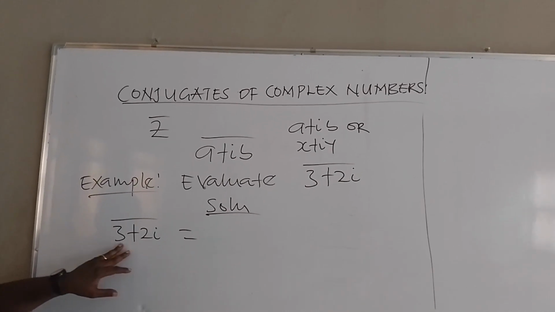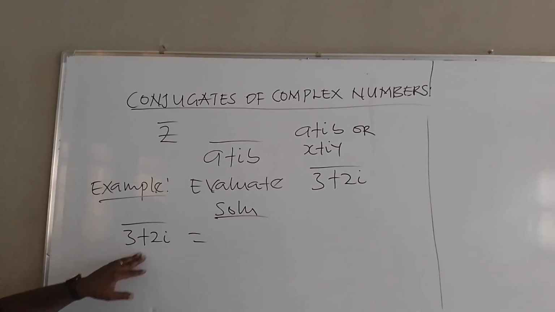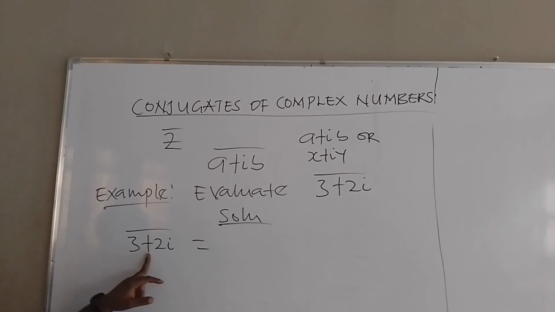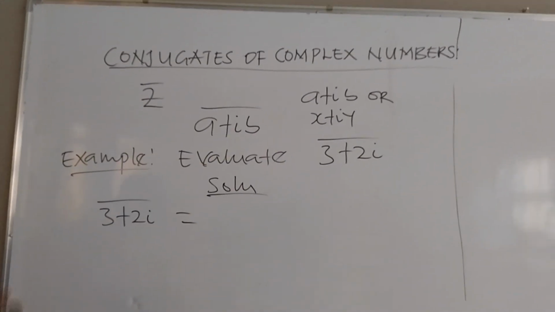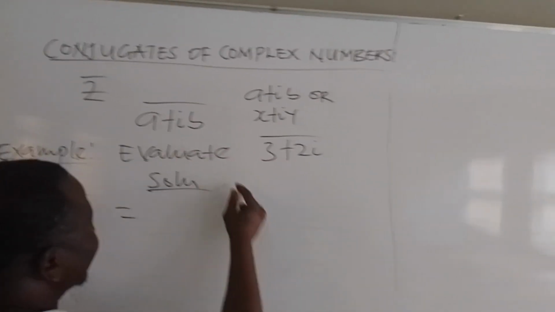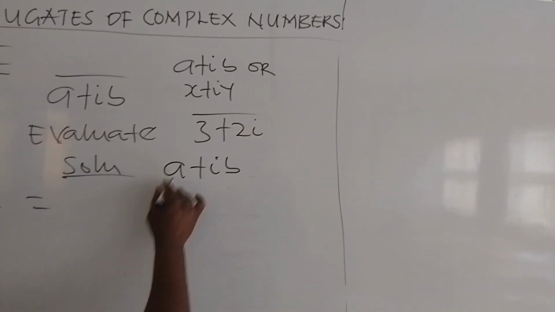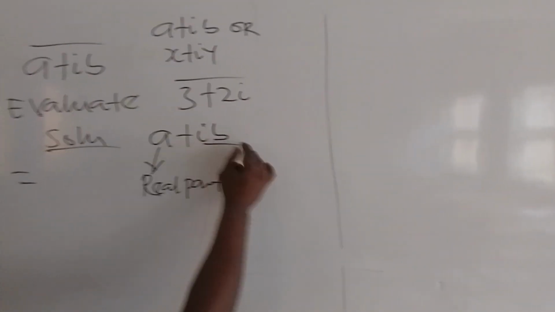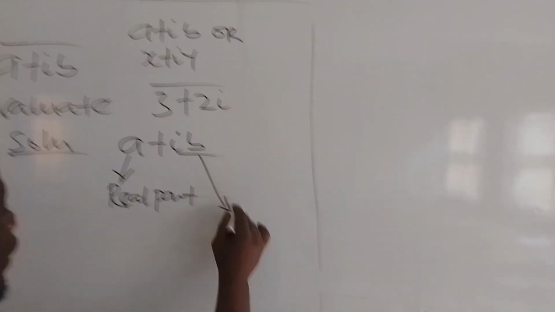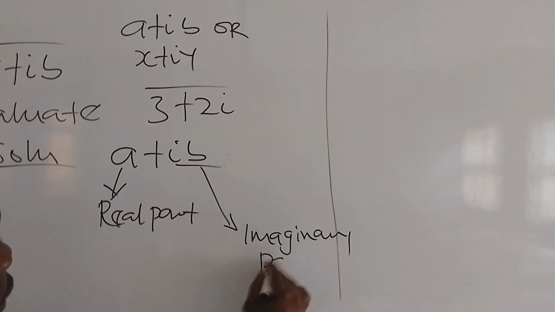Since it is a complex number, if you want to conjugate 3 plus 2i, it means consider the operation in between 3 and 2i. Mind you, in the other video, I explained this a plus ib. I said we call this the real part, and we call this ib the imaginary part. Please take note. Is that clear?